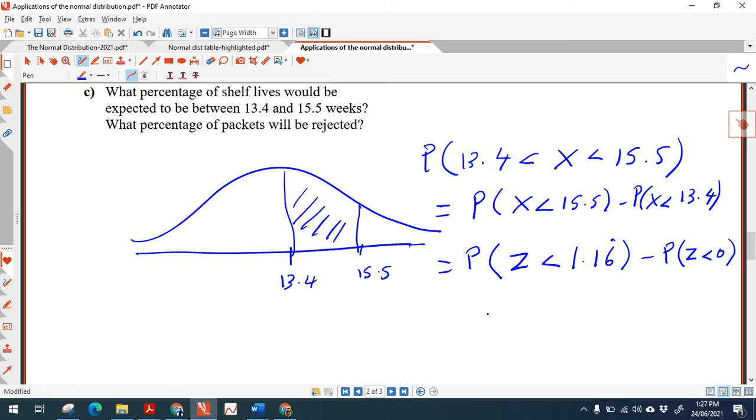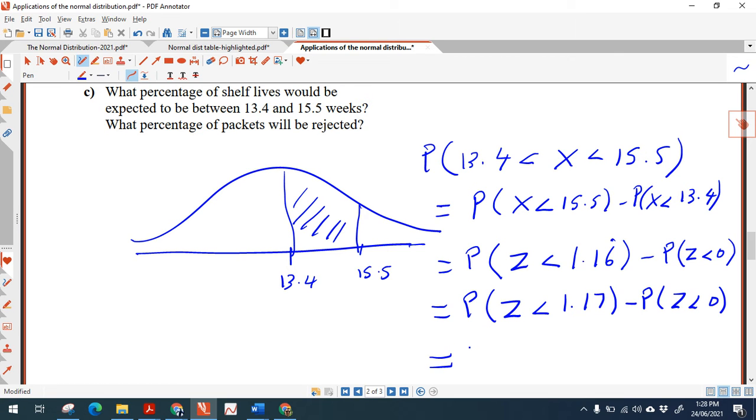Okay, so we're going to look at the table now and we're going to try and find a number very close to 1.16. Now, we're going to choose 1.17 as a 2 decimal approximation because we're using the Z distribution table, which goes to 2 decimal places.